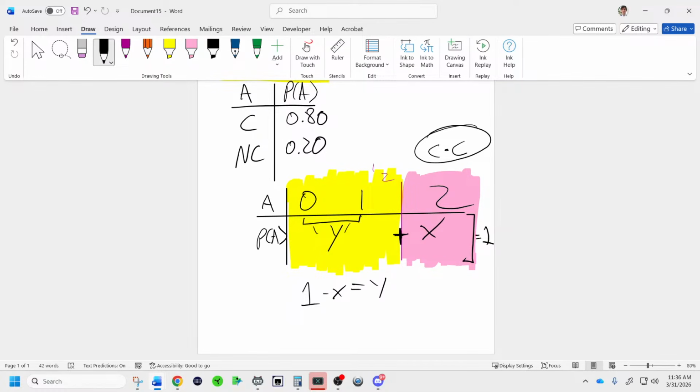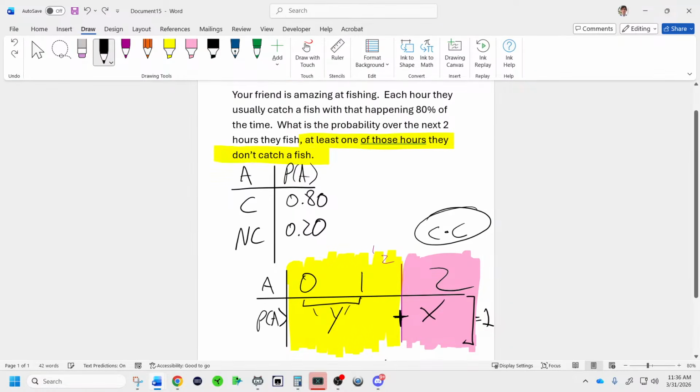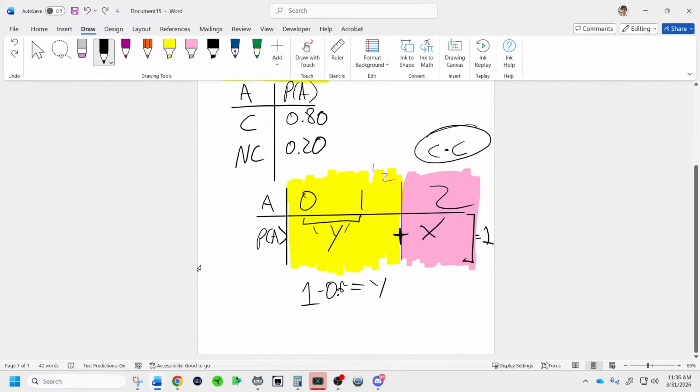Which is X. It's just going to be, oh wait, 0.8 to the second power, which is 0.64. So that's going to be 1 minus 0.64 equals 0.36.